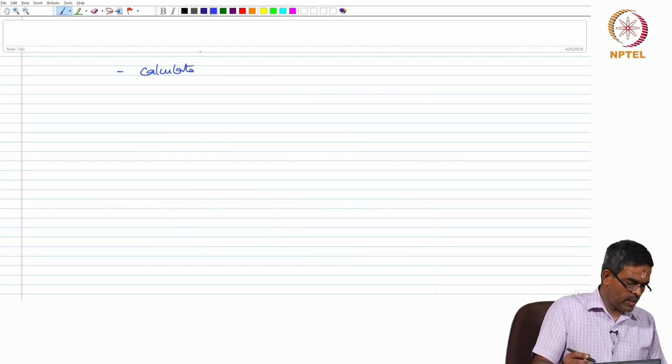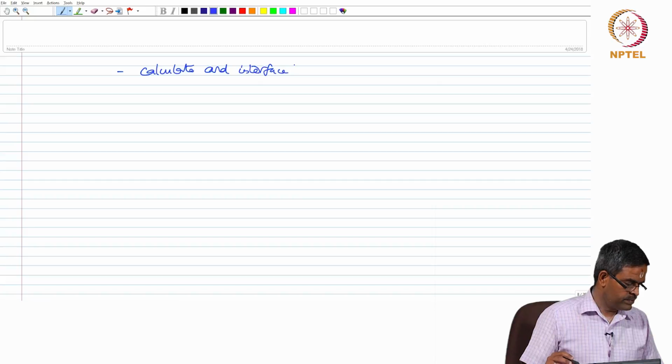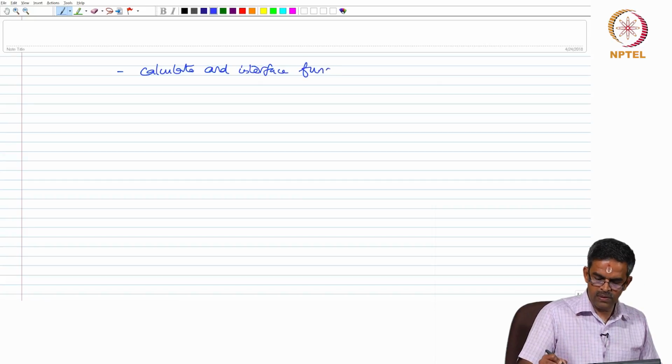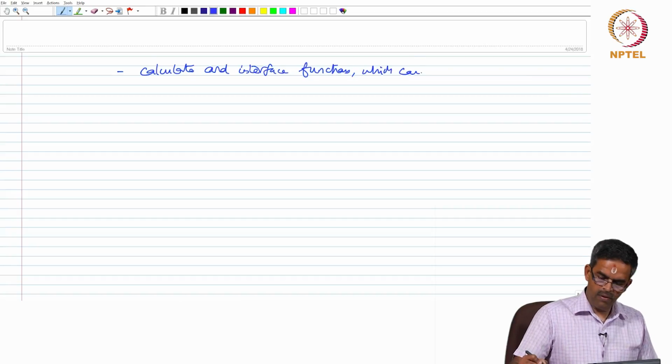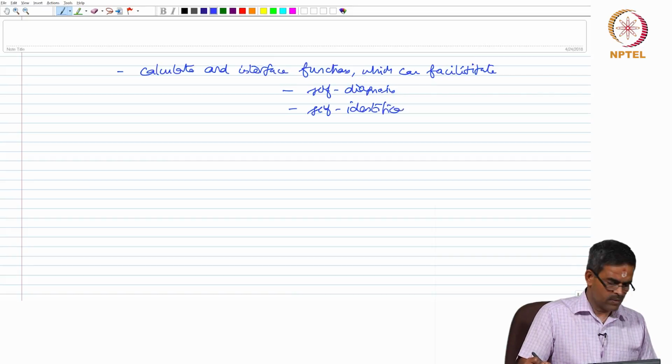They can also calculate and interface functions which can facilitate self diagnosis, self identification and self adaptability.